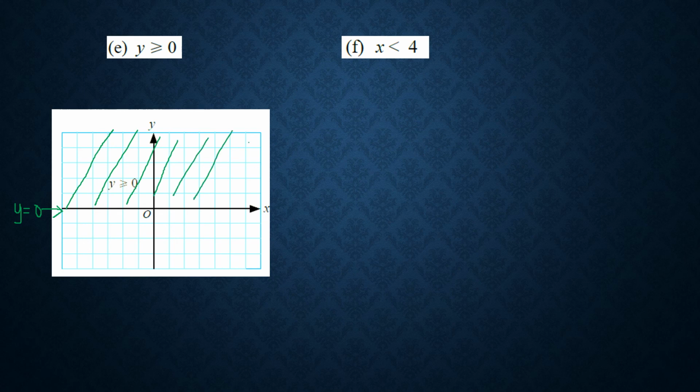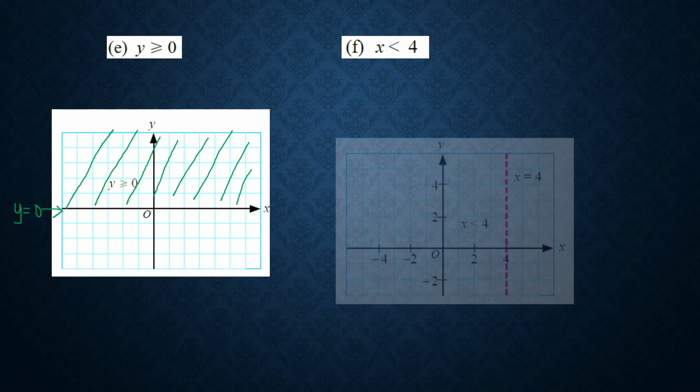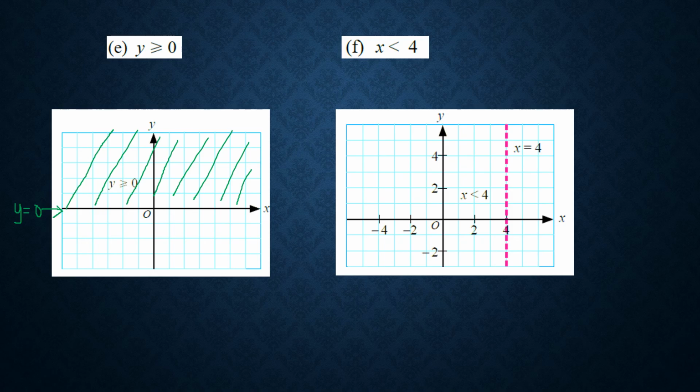So you shade the greater part. Then for the last one, part F, x less than 4. This is the line x equals 4. So the line passes through x equals 4 and less. Less means on the left side.